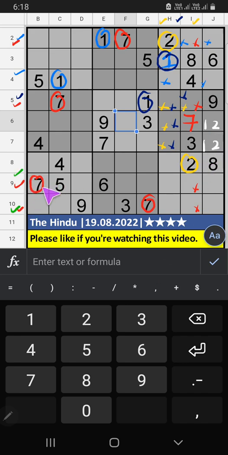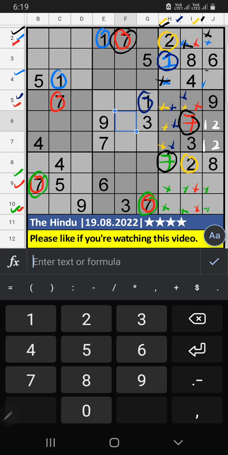9th row, 10th row, we have 7. So 7 can't come in these cells. Then 7 is confirmed here. Column H, column I and second row, we have 7. So 7 can't come in these cells.